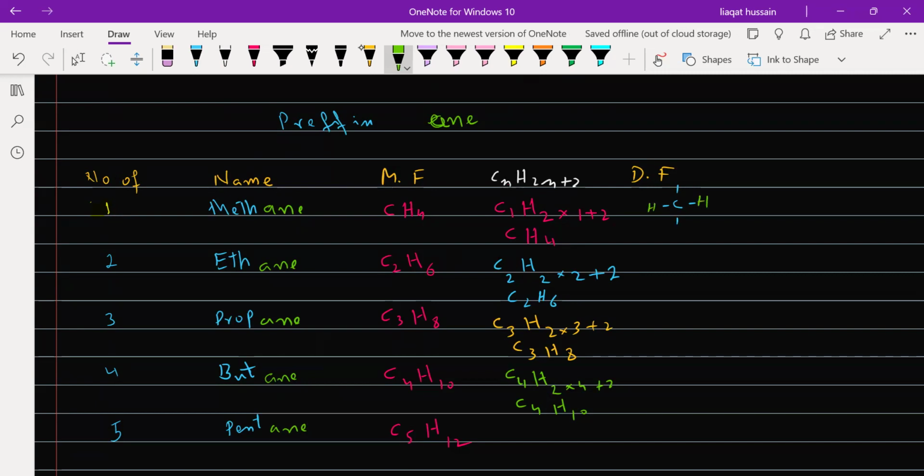This is the displayed formula of methane. Similarly, for ethane, you will write two carbons which are bonded with each other with the help of a single covalent bond.